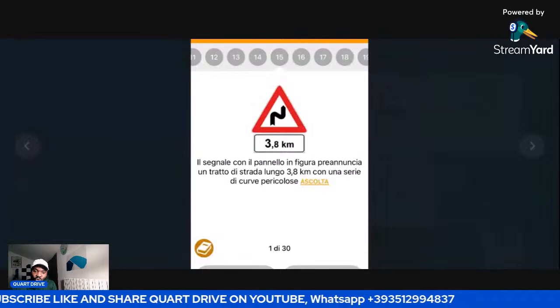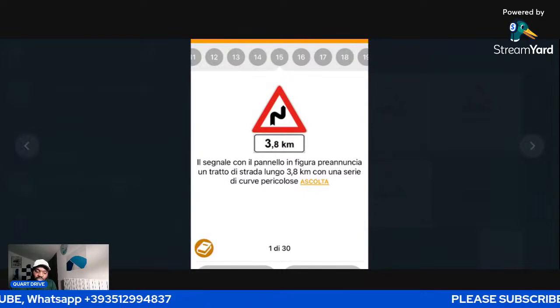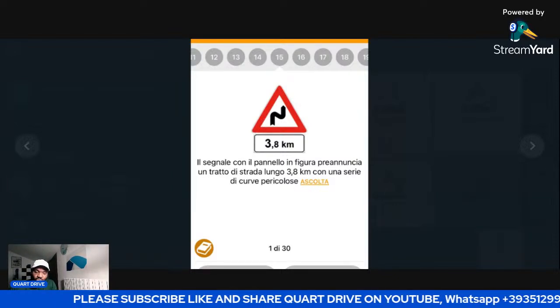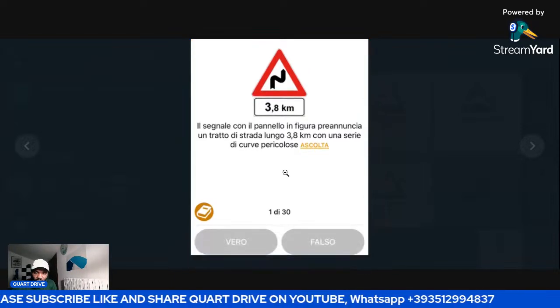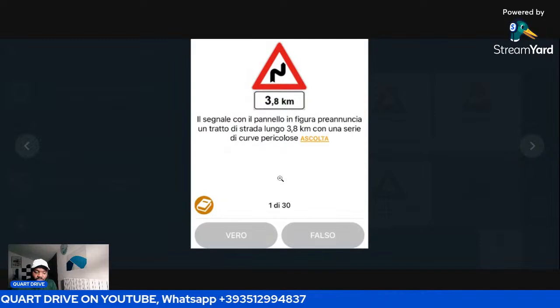But this one with only the figure in kilometers under it talks about the distance where the curve is going to last. So this one is falso.